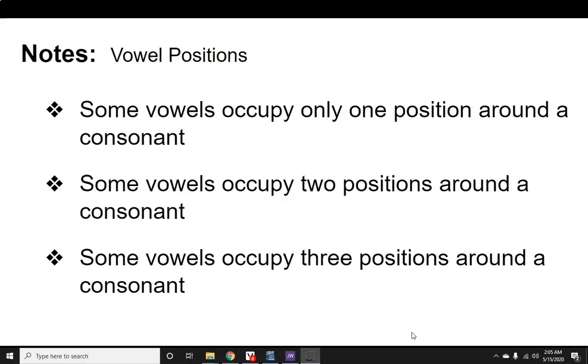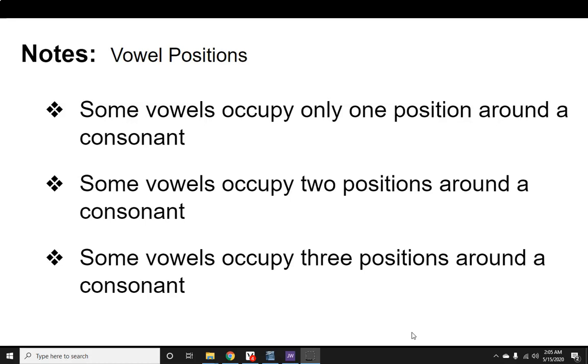Some vowels occupy only one position around a consonant. It may appear only to the left, or only above, or only to the right, or only below the consonant. Some vowels occupy 2 positions around a consonant.